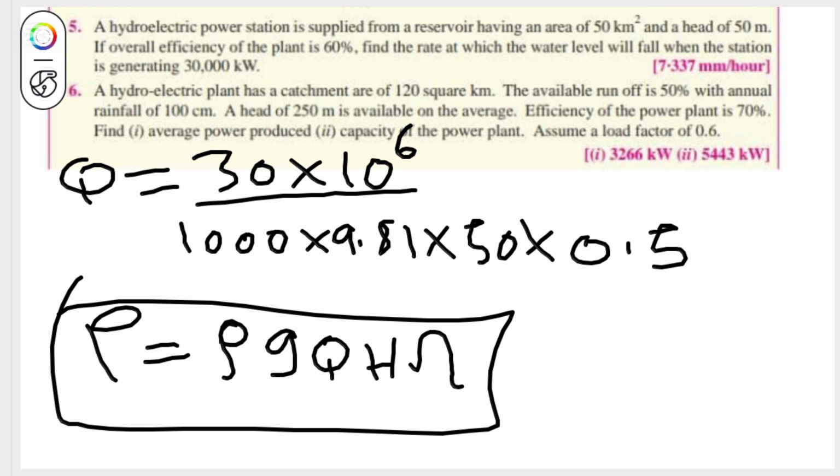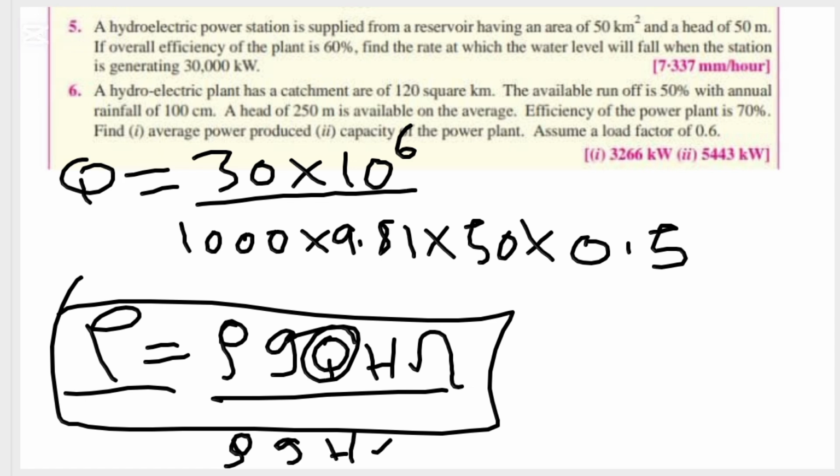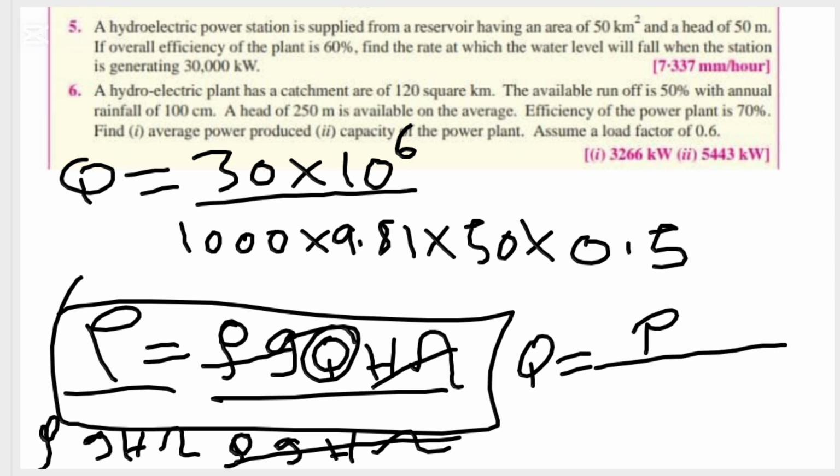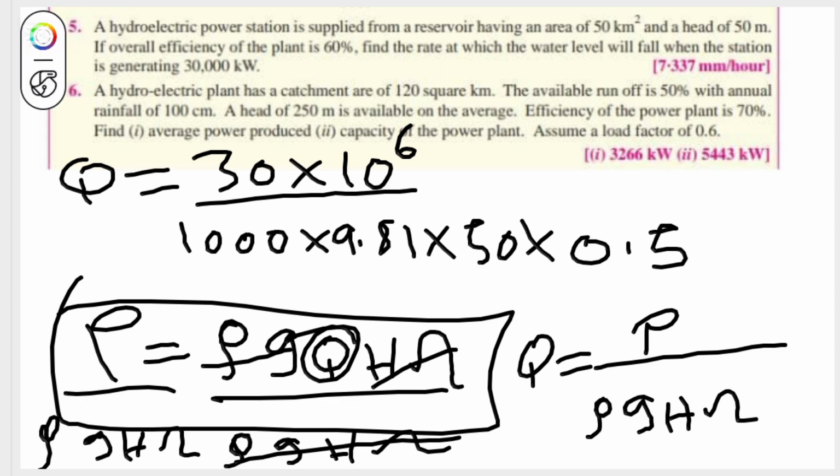So all the way you are going to make Q the subject of the formula by dividing both sides by rho g H and the efficiency. This will go with this. You are left with only Q, which is the same thing as P, which is the power, divided by rho g H and the efficiency.